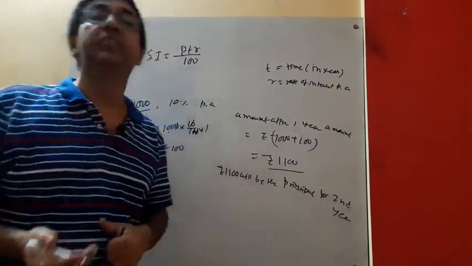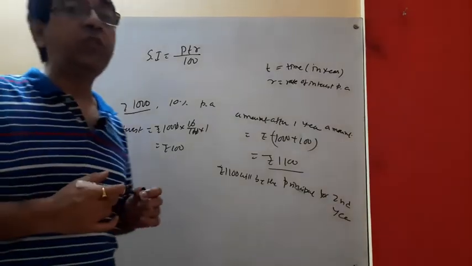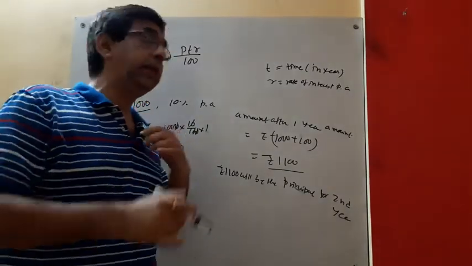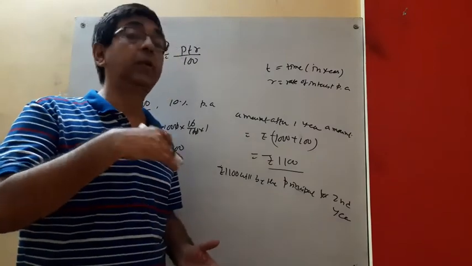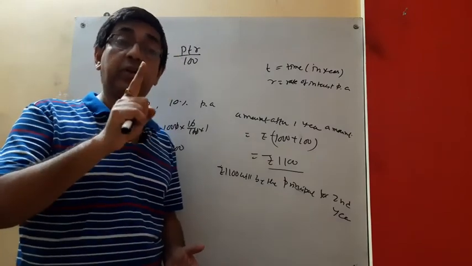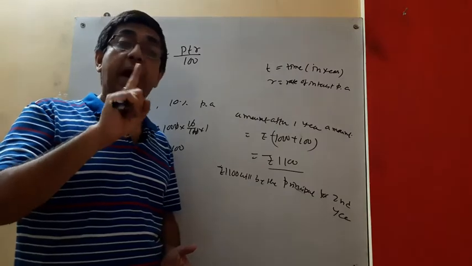That is, the principal is changing because the amount of the first year will be the principal of the second year, and the amount of the second year will be the principal of the third year, provided the rate of interest is given per annum.